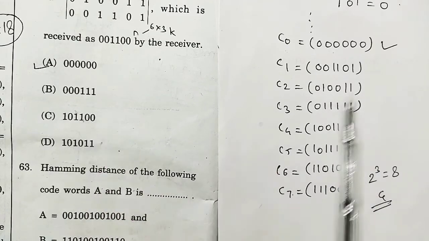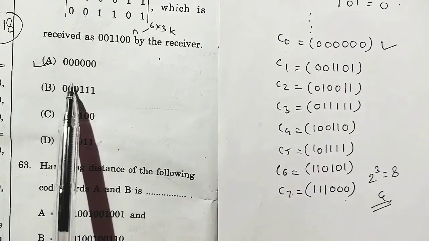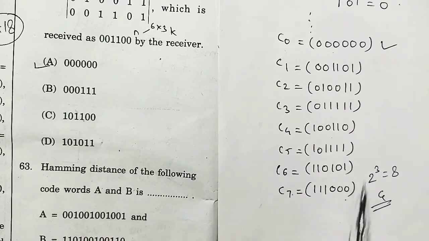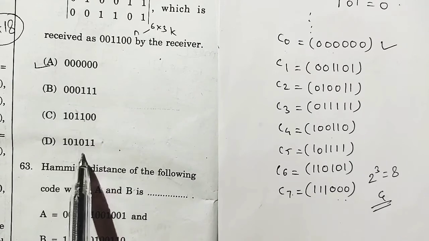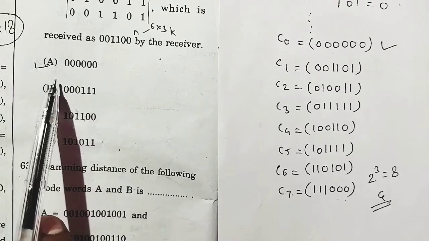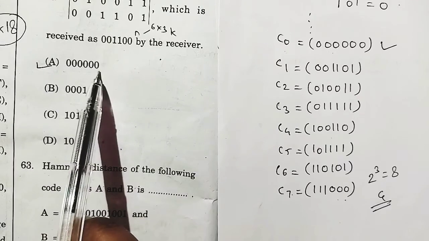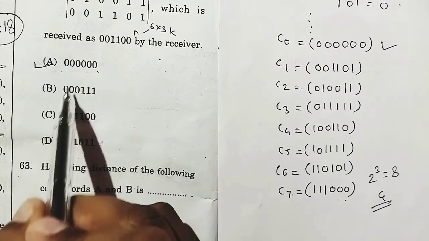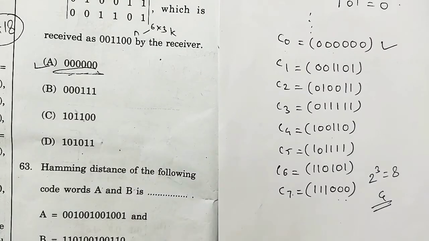The first code word, all zeros, is matching. Just check 000111. It is not available in our code words. Like this for C and A. So option A is correct here. This code word is sent by the sender, so option A is correct for question number 62.